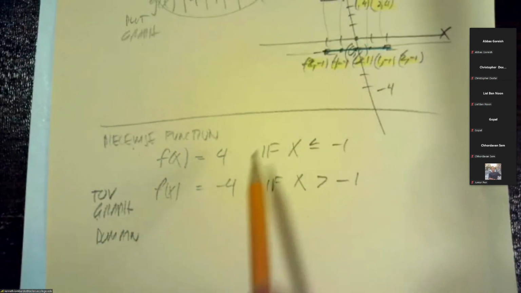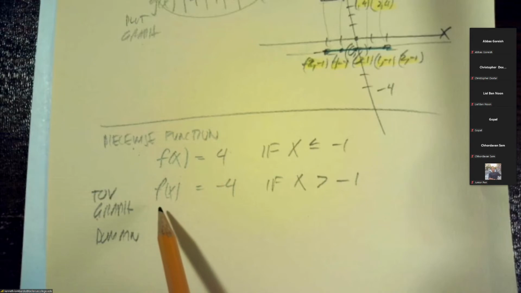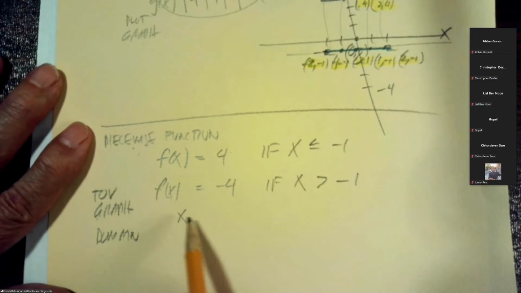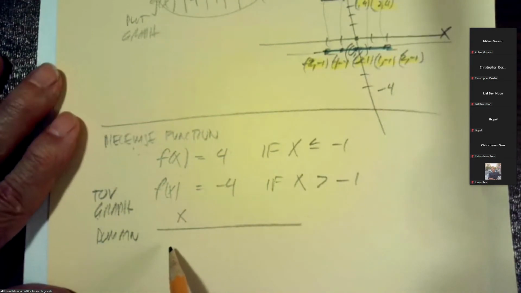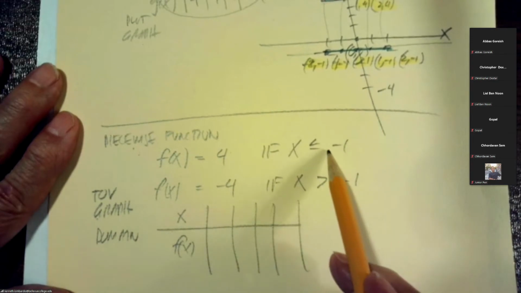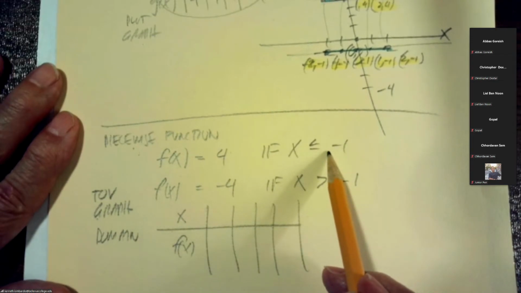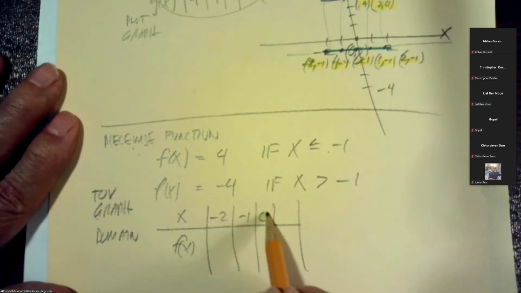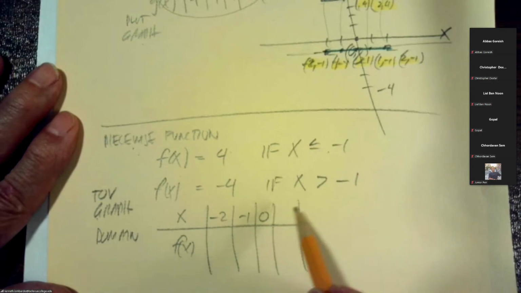So if we were to graph this and create a table of values, we'd want to show x and f of x. And if we're asked to do it less than -1, well, we might be what? -2, -1, 0, and greater than -1. So we might want to go out here at +1, +2.